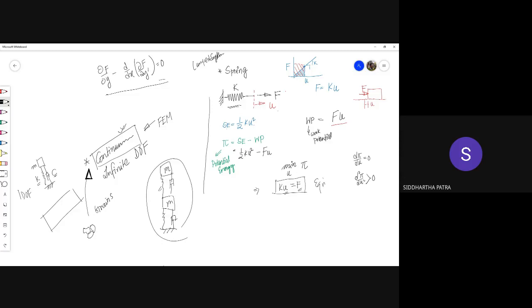So this is an algebraic equation, but it is an equilibrium equation. For this course on the finite element method, we will restrict ourselves within the domain of equilibrium, and let's see how we can use the same principle to get the equilibrium equation for a continuum. Obviously, that equation is going to be a differential equation, and since it is going to be a differential equation, it should be originating from not a function but a functional. So we'll try to find out that functional.